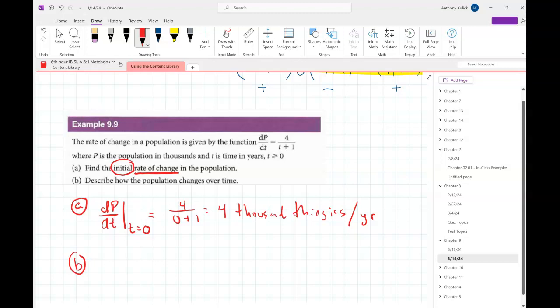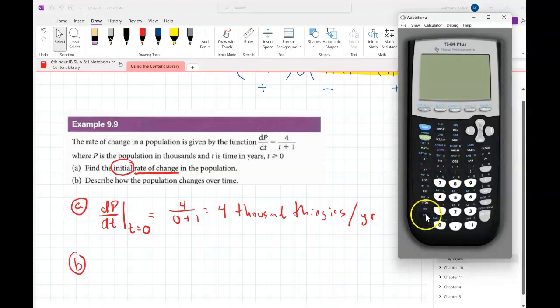The bigger the derivative, the faster the population is changing. The closer to zero the derivative gets, the less the population is changing, right? If it ever becomes negative, I know the population is going to be decreasing in size. There must have been like a plague or something going on.